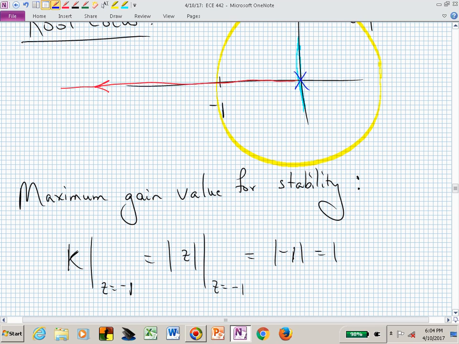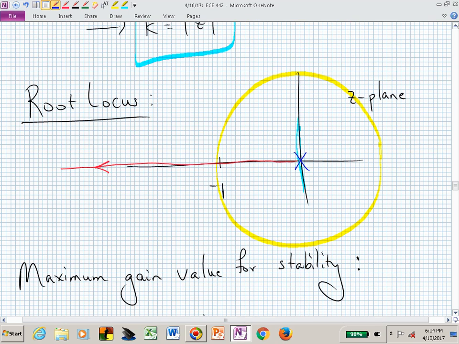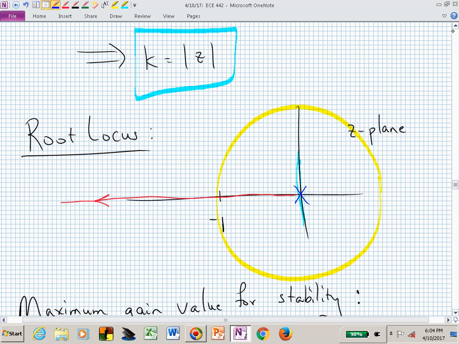Yes? So why did we not evaluate the expression for k at z equal to 1? I think that was the question. Why did we not evaluate k, the magnitude expression for k, at z equal to 1?